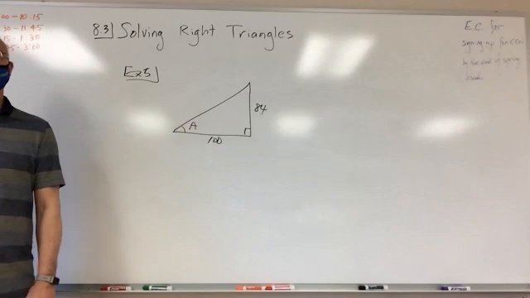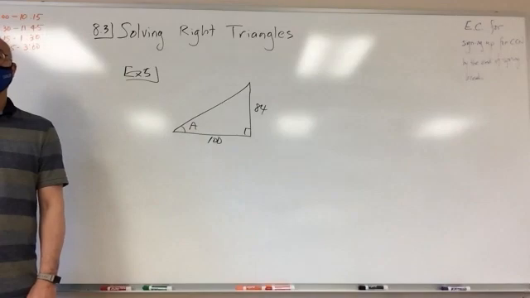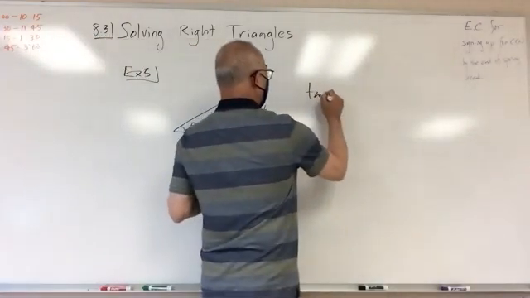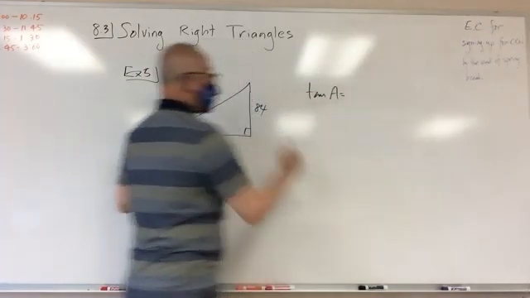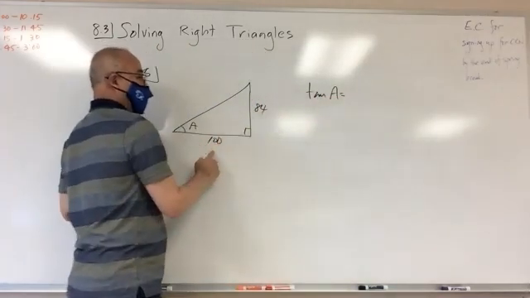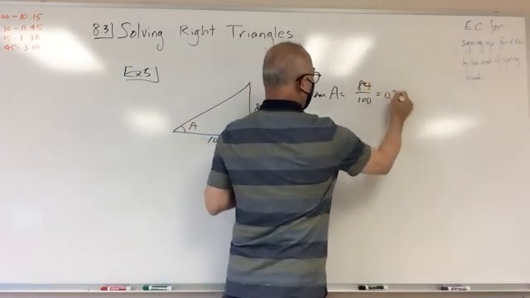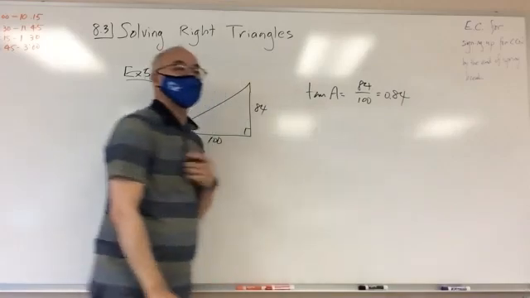Should I calculate the hypotenuse? Or not? You can just use tangent. I can just use the tangent, right? Tangent A is equal to the opposite over the adjacent. So it's 84 over 100 or 0.84, the 84% grade, right?